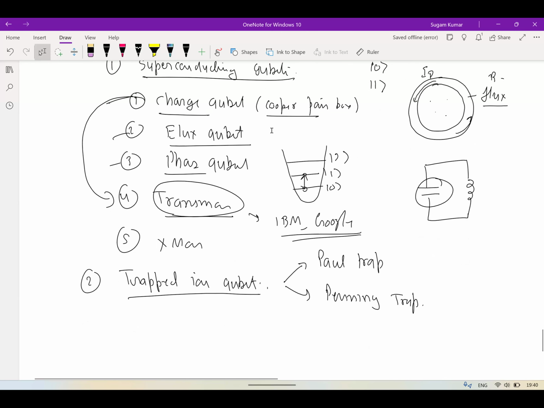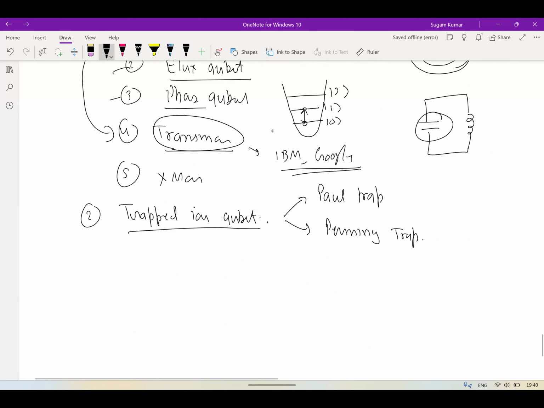These ions can be trapped. So if you trap a calcium ion in the Paul trap, then the electronic states of the calcium can be used as a qubit, and you can make transitions in these electronic energy levels.